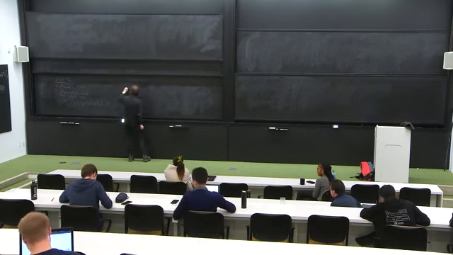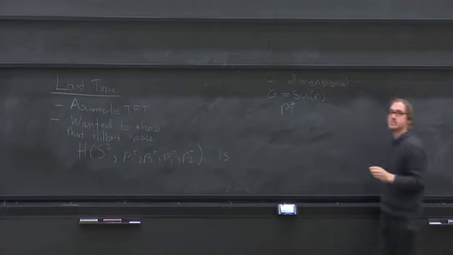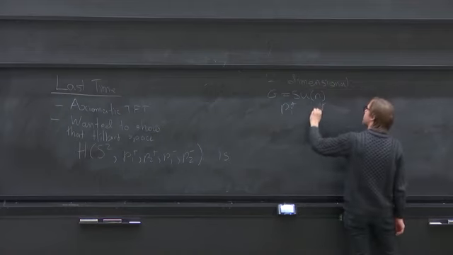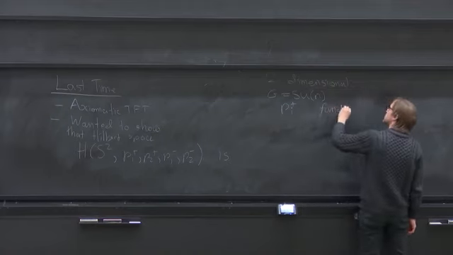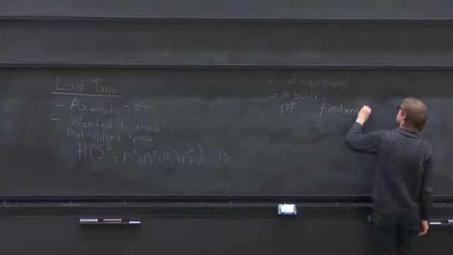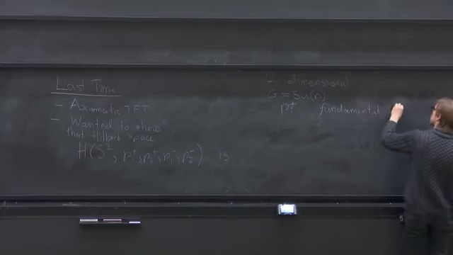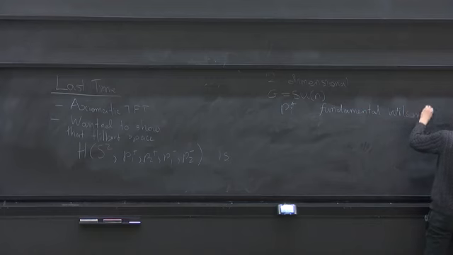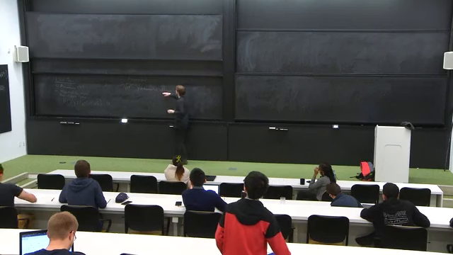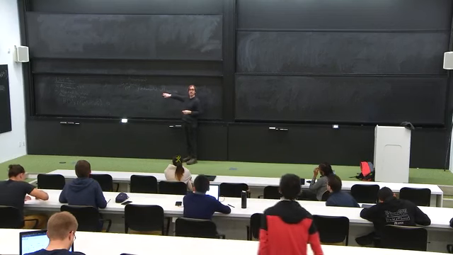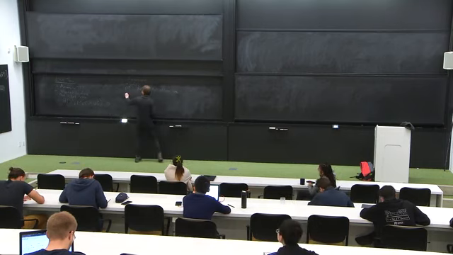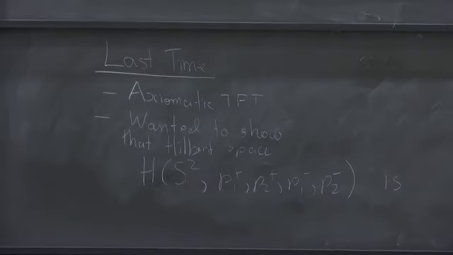At the positive points, there's a fundamental Wilson line. That is a Wilson line in the fundamental or the vector representation of SU(N). And at the negative points, there's an anti-fundamental.